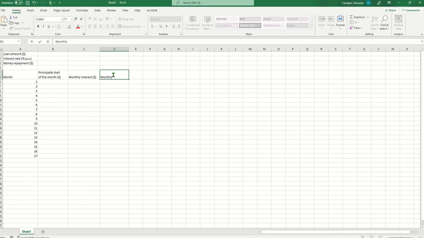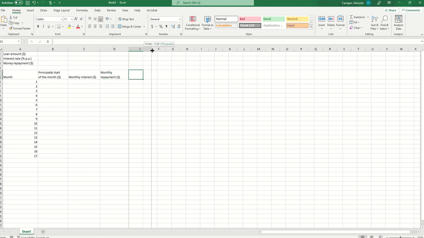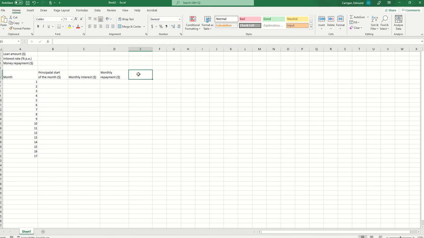Monthly, Alt key, push enter, and then repayment. And our last one is our balance, how much we still owe. The balance of the loan means how much money is outstanding on the loan.